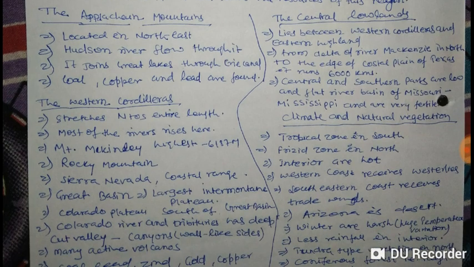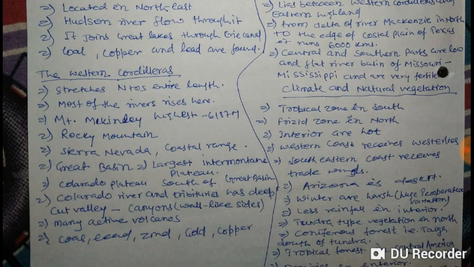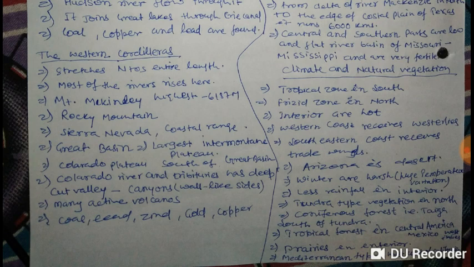Next point is the central and southern parts are low and flat river basins of Missouri and Mississippi, and are very fertile. These are very fertile because they are built up of very fine, fertile deposits of the Missouri and Mississippi rivers.